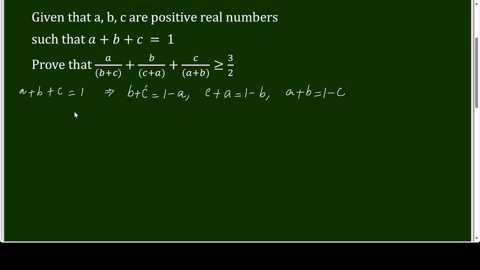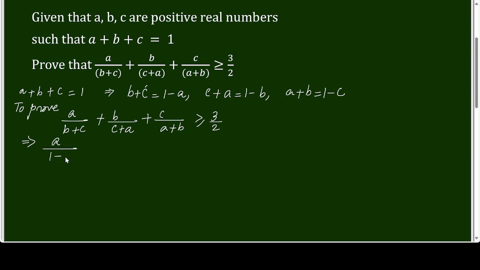Now to prove a over b plus c plus b over c plus a plus c over a plus b is greater than or equal to 3 by 2, this is the same as proving a over 1 minus a plus b over 1 minus b plus c over 1 minus c is greater than or equal to 3 over 2.